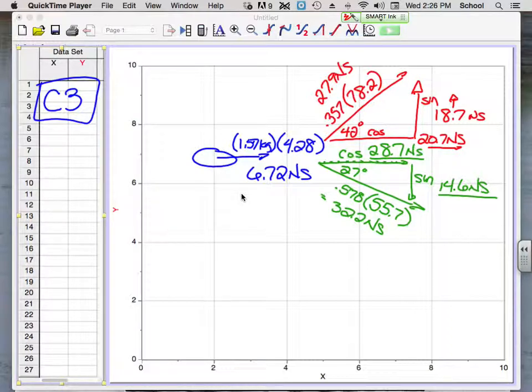Then we want to figure out what happened to the third chunk. We need to know how big it is and where it's flying. Well, the mass is the easy part. We started off with 1.57 kilograms, and we lost 0.357, and we lost 0.578.